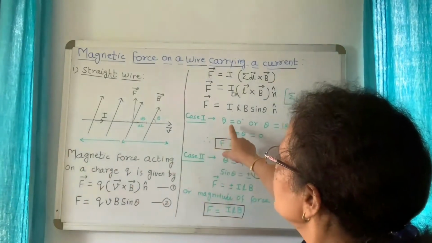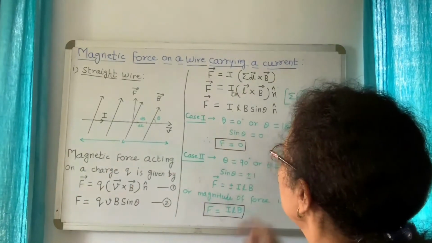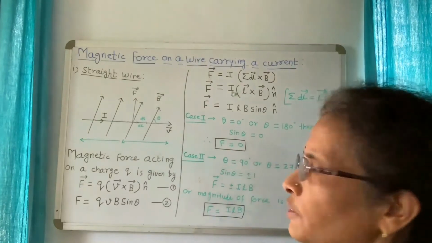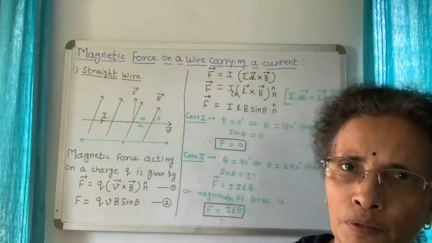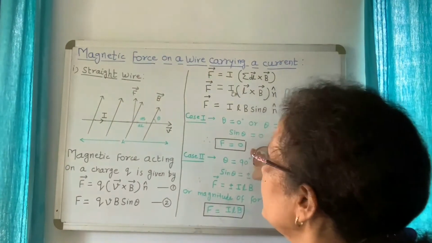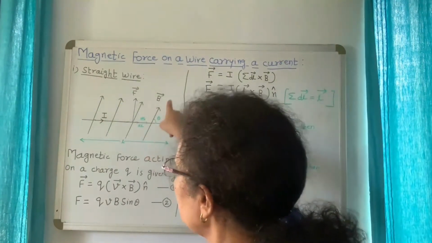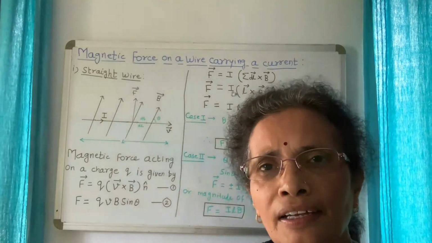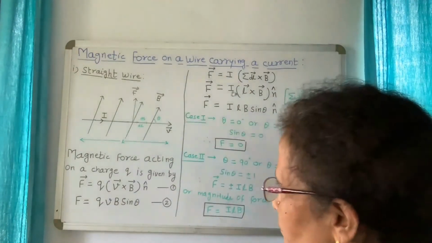So when theta is 0 degrees or 180 degrees, sine theta equals 0, so force equals 0. No force acts on a conductor when it is placed parallel or anti-parallel to the magnetic field.